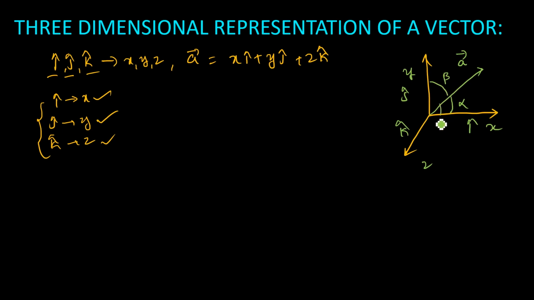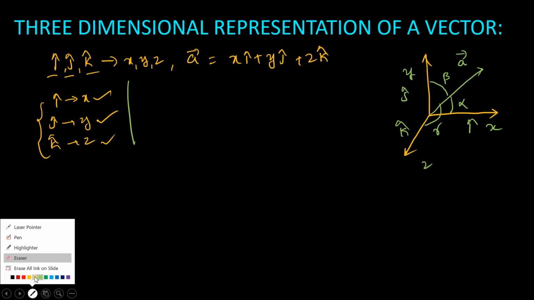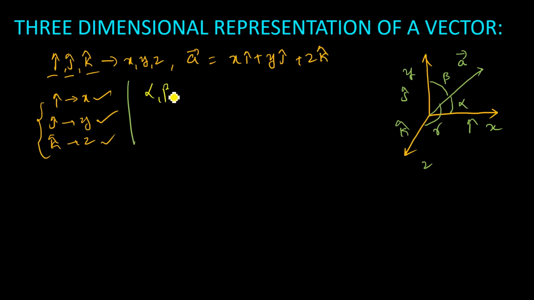Listen carefully, these are very important. Alpha, beta, gamma are the angles A bar makes with the x axis, y axis and z axis: A bar with the x axis is alpha, with the y axis is beta, and with the z axis is gamma.